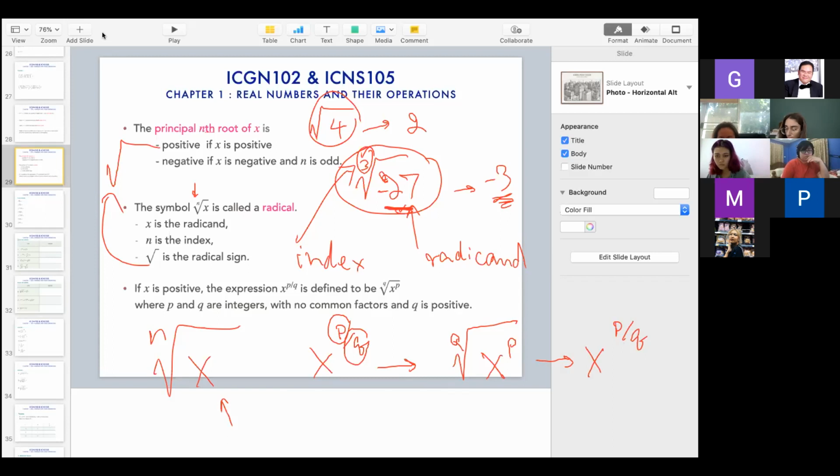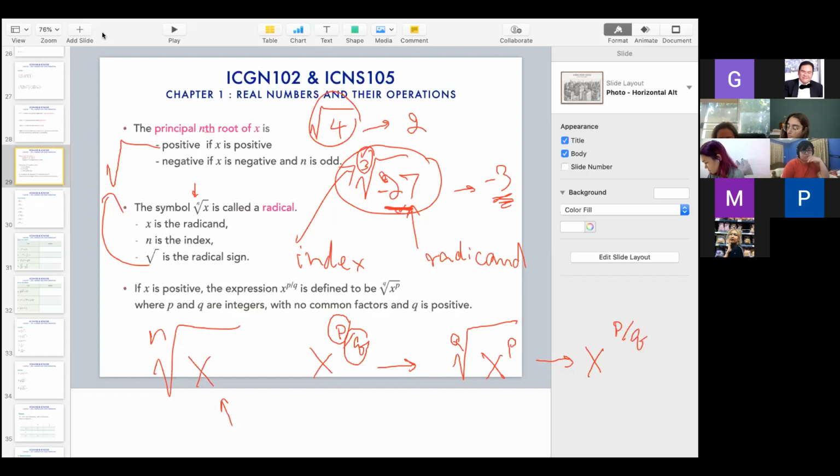In order to write x to the power of p over q as the q-th root of x to the power of p, you can do it when p and q are integers with no common factors and q is positive.